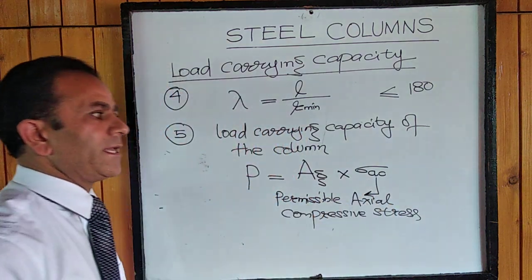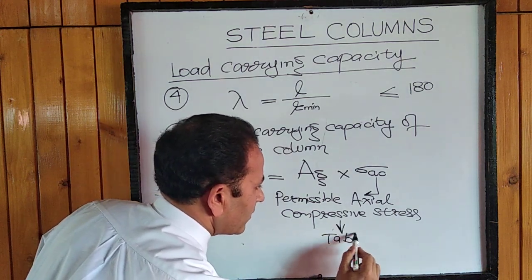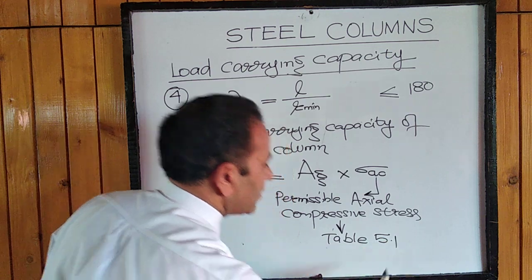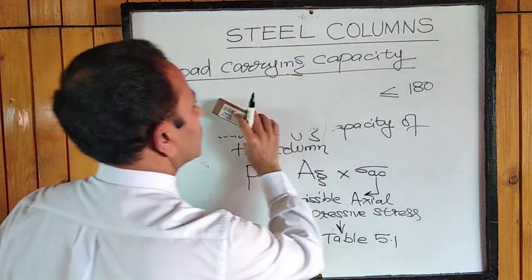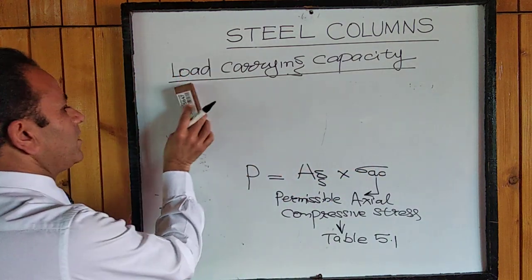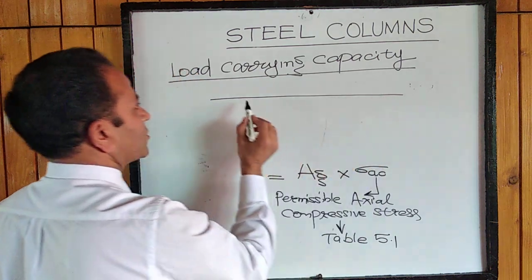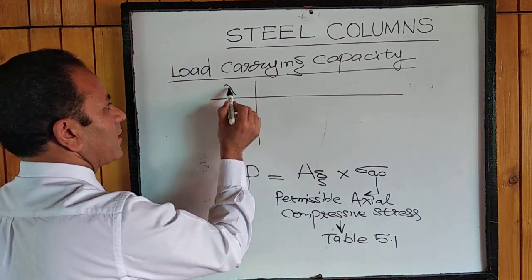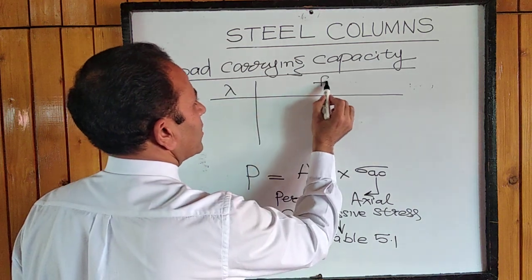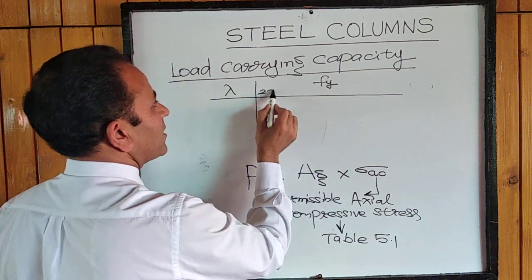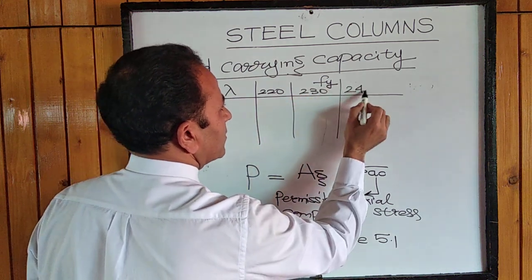This sigma AC is available in IS code table 5.1. So this is available in table 5.1 of the IS code IS 800. So we'll see a glimpse of that table. That table appears to be something like this. Here it is lambda. We have already got the value of lambda with us. And here it is Fy, the yield stress of steel. It has different values, 220, 230, 240, something like this.